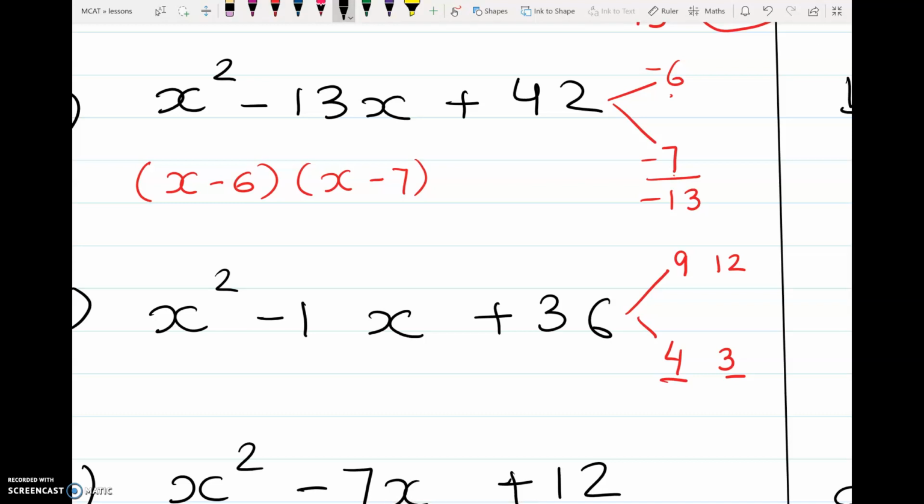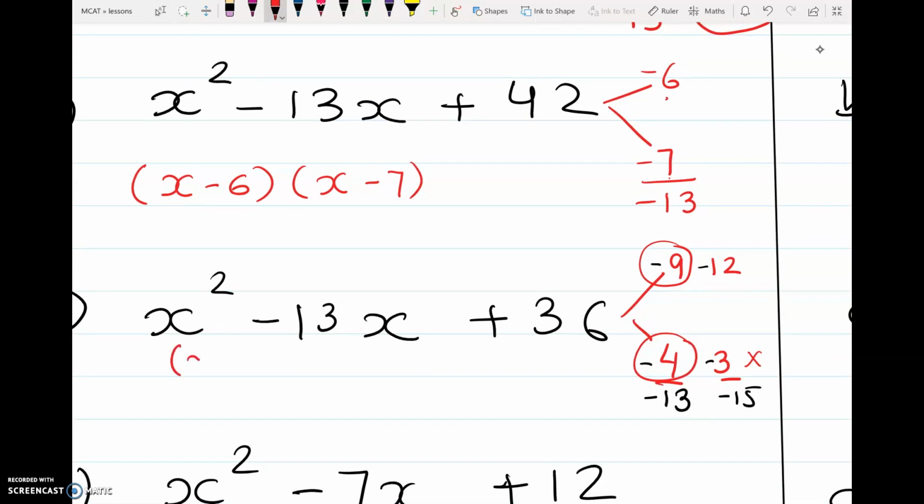So let me change that before I move on. So let's add our numbers. Negative 9 and negative 4 gives you negative 13. Negative 12 and negative 3 gives us negative 15. So definitely we don't need this part here. So our factors are negative 9 and negative 4. So let's put them in brackets. So it is x minus 9 and x minus 4.